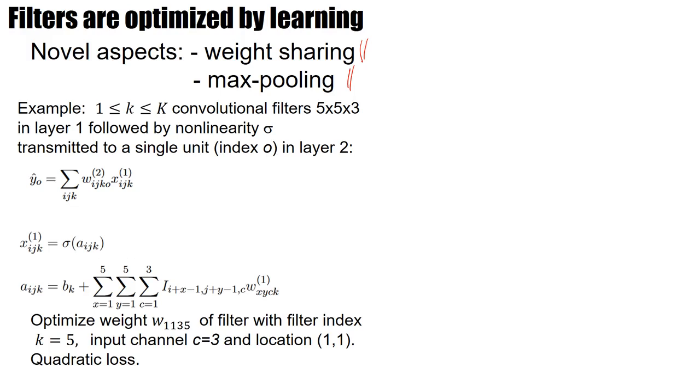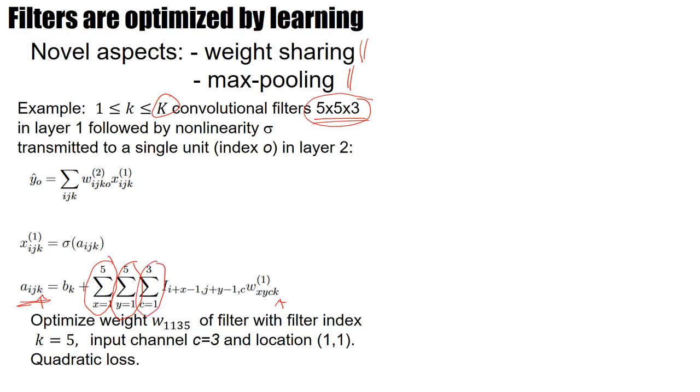So the example is a convolutional filter, 5 times 5 times 3. I have k of these filters, and this is the filtering stage here. This is my filter index, which appears again here. Then we say it's 5 times 5 times 3, so I do the convolution over 5 locations in x direction, over 5 locations in y direction.